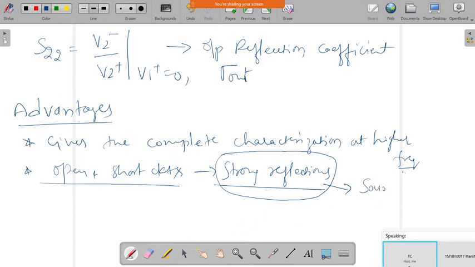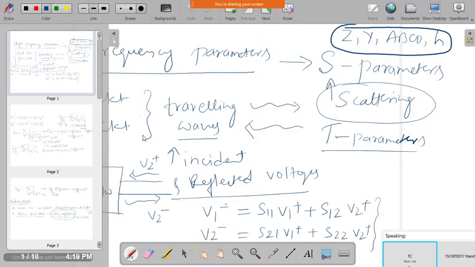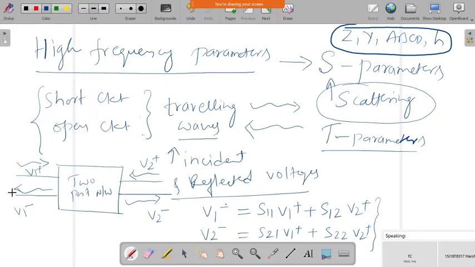Whatever source I am taking here to feed the network, this source will be damaged if I do not match properly. So strong reflections will appear at the source side and it will damage the source. So that is one important thing that can be avoided.